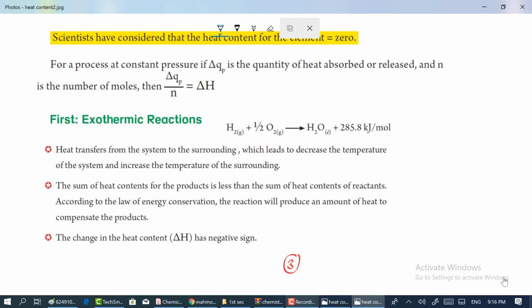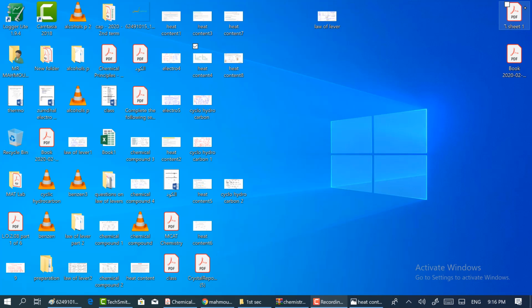Now we are going to talk about the types of thermochemical equations.